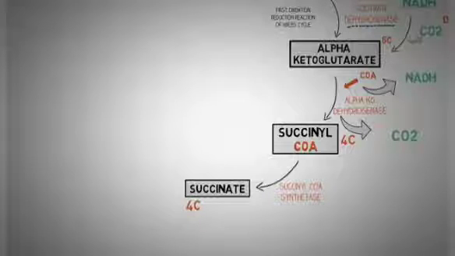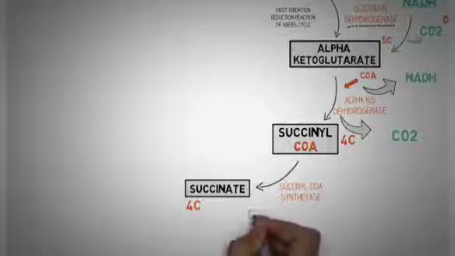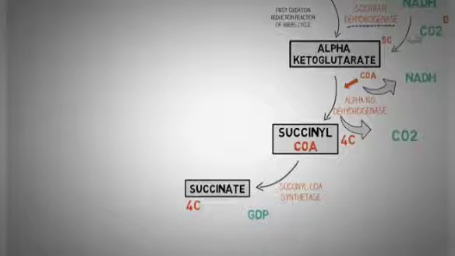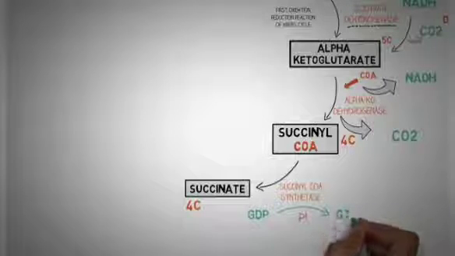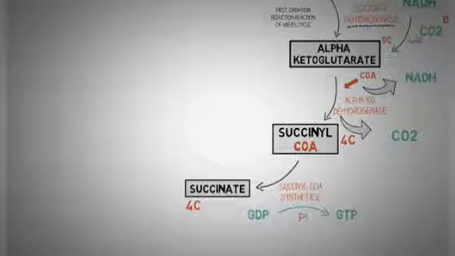Succinyl-CoA is a high energy compound, and the energy stored in this compound is used to attach an inorganic phosphate molecule to GDP. This GDP gets converted to GTP, which is like a close cousin of ATP, and is later used in the formation of an ATP.